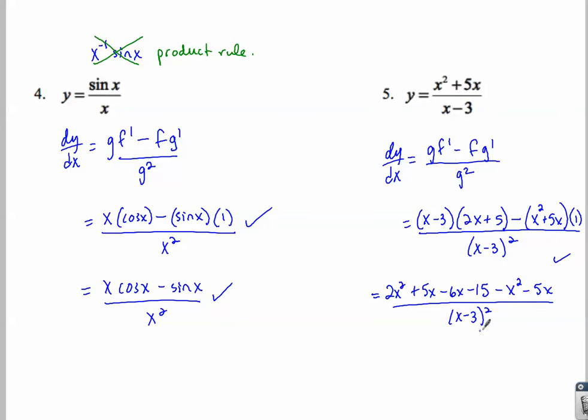Usually I'm never going to expand the bottom. It's either going to help me by being able to see the factors and I can factor it out, or it's not going to do anything and waste my time. So 2x squared minus x squared is x squared. Positive 5x minus 6x. Minus 15, looks like that's it, over x minus 3 squared.